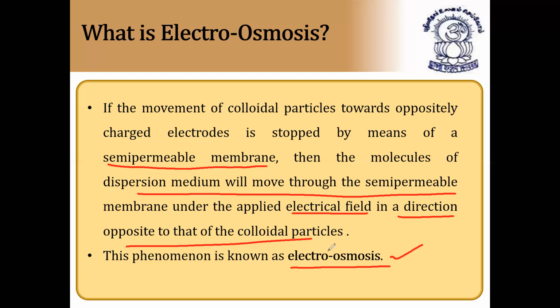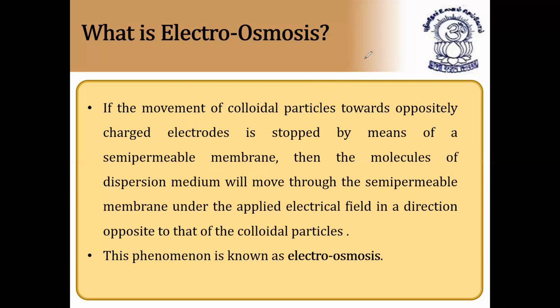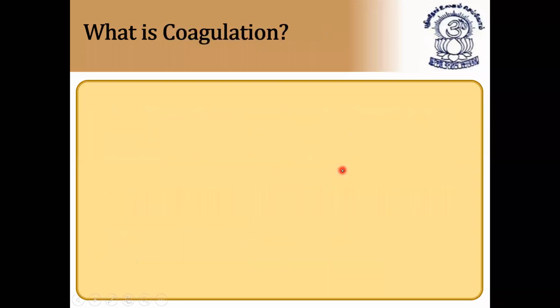This phenomenon is known as electroosmosis. It is just like osmosis, the flowing of solvent molecules through a semi-permeable membrane from high concentration to low concentration, which is called general osmosis. In the same way, this is called electroosmosis. It is easy to understand. Please note down the underlined points.